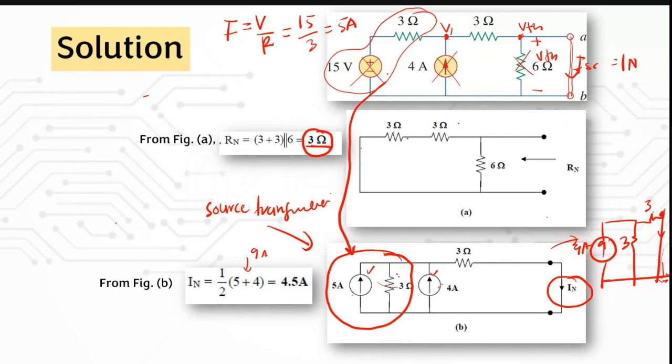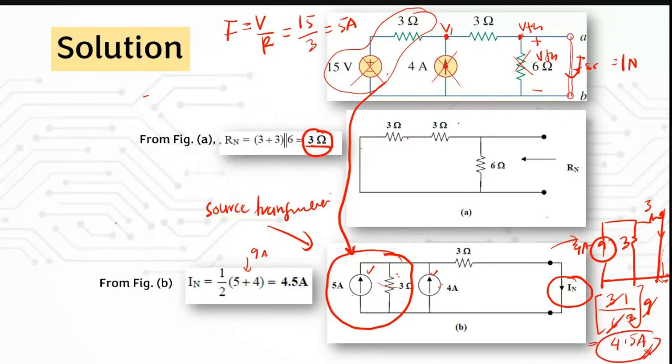So what you do is 3 over 3 plus 3, 6, times 9. This one you're going to get 1 over 2, and then times 9. So then you get the current is 4.5 ampere.